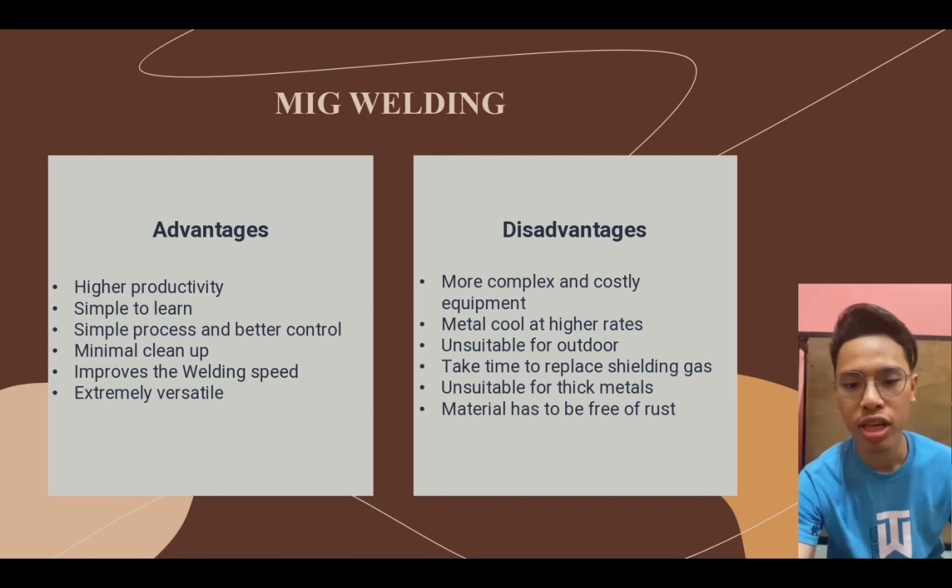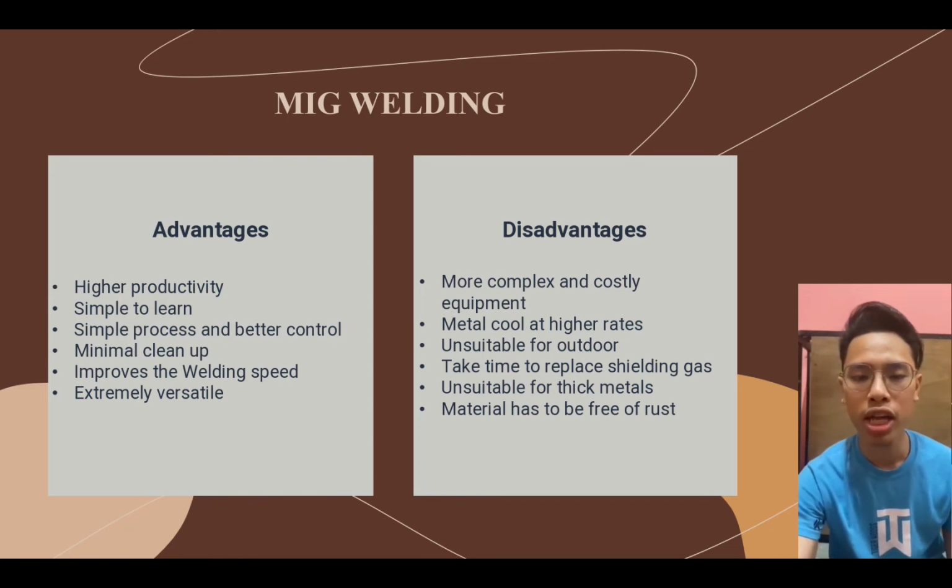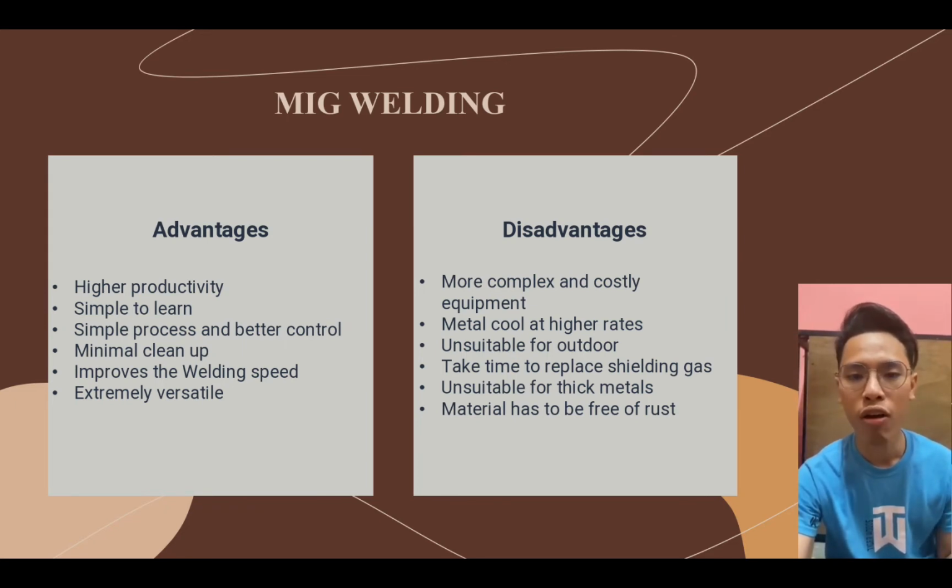I will give you the advantages and disadvantages of MIG welding. First, for advantages, MIG welding has higher productivity and saves time by not constantly changing the rod. The second is that it is simple to learn for beginners, so it doesn't have many steps to learn. Third is a simple process with better control to use.